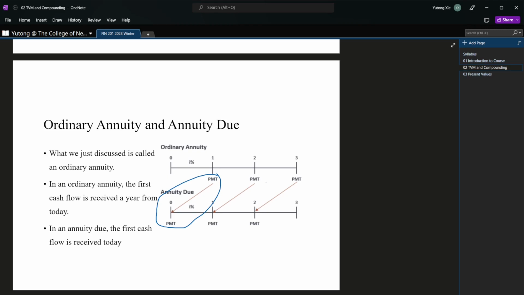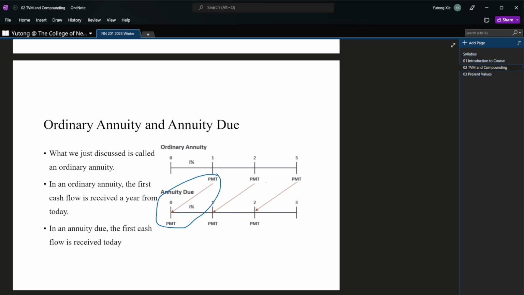And the second cash flow of an ordinary annuity is received at the end of year 2, but in an annuity due, the second cash flow is received at the beginning of year 2, which is equivalent to the end of year 1.